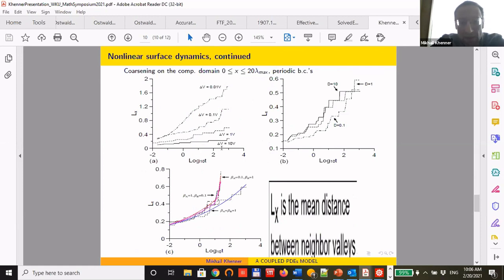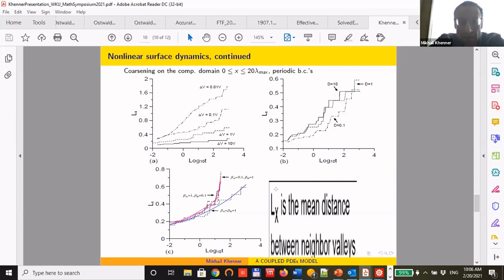You can see here that as the electrical potential becomes larger, that is, as the field becomes stronger, Lx becomes smaller, okay? So larger field means more closely spaced hills on the surface, okay?